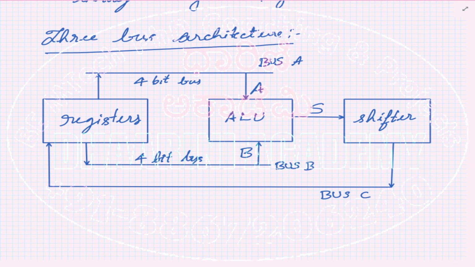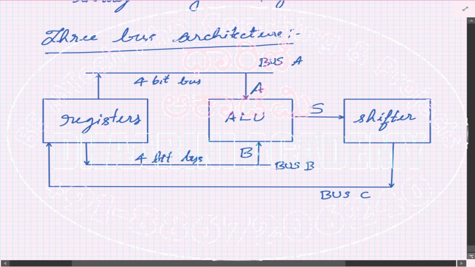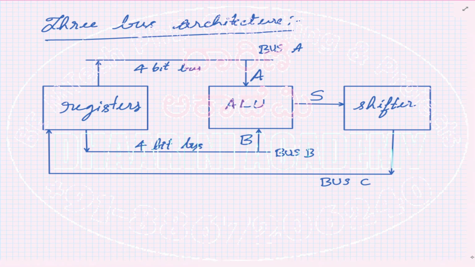If you have a single bus, that's the problem. A single bus can carry only one data at a time. A two bus system can carry two simultaneously, but three bus means three things can be done simultaneously. Reading as well as writing can happen simultaneously, so you save a lot of time here. So that's the advantage of three bus architecture, right?